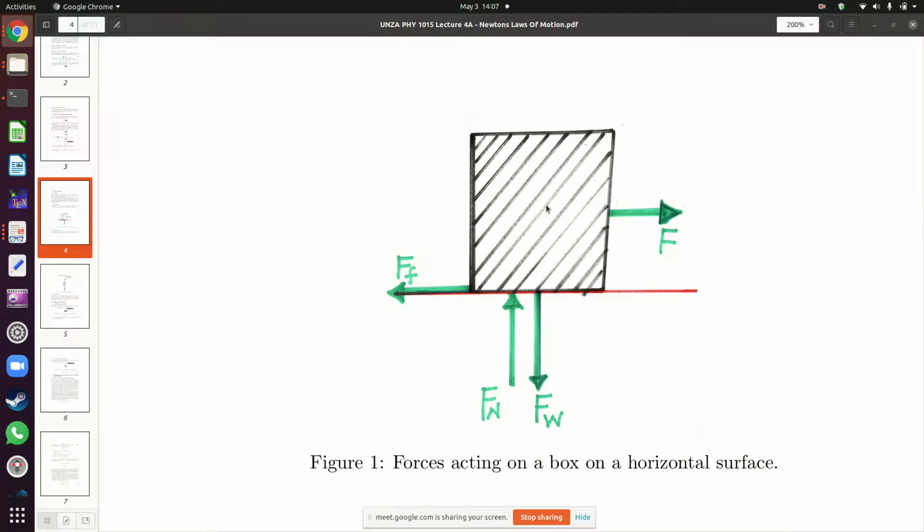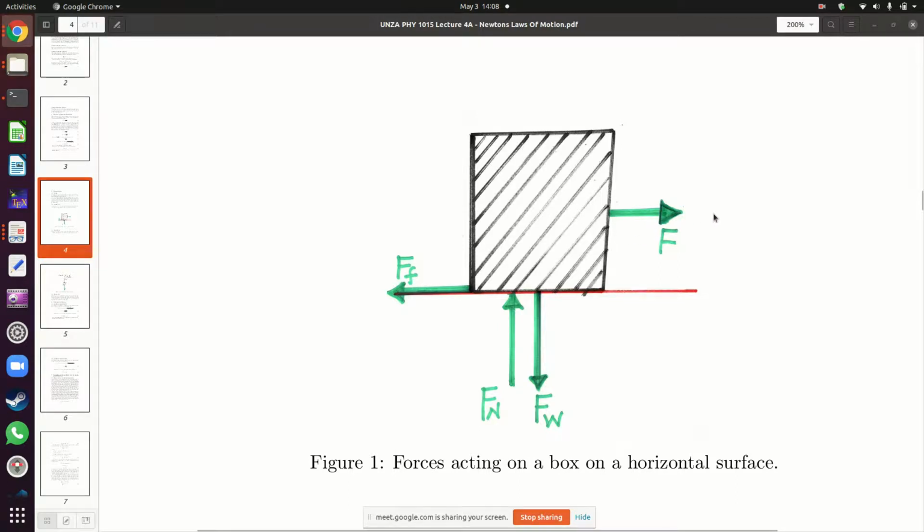We want to find out what is the resultant force on this box along the horizontal direction and what is the resultant force along the vertical direction. As you can see, in the horizontal direction, there is this force F which is pulling the box this side.